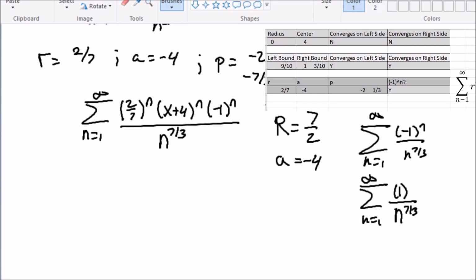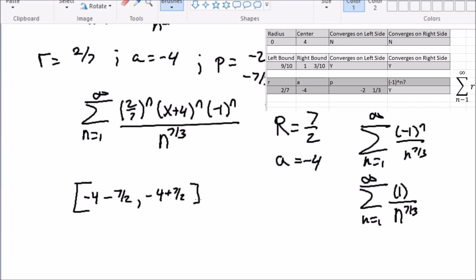Alright, those both converge. So I'm going to include both of my endpoints. So this is going to be -4 minus 7/2 to -4 plus 7/2. And there we go. I am done.